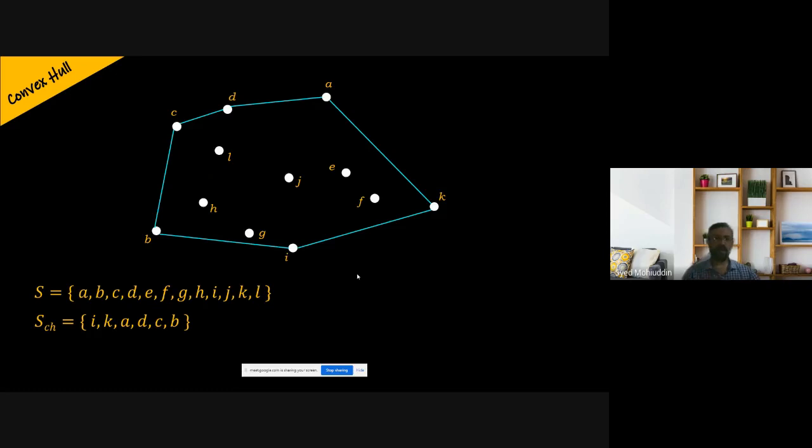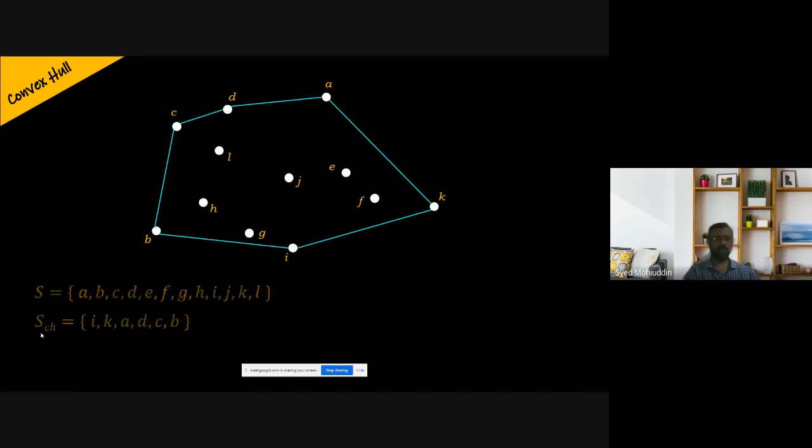We have started from I, so from I, K. So here we have S of CH, where CH is convex hull. SCH is a subset of set S, and it is going to have all the points I, K, A, D, C, and B.